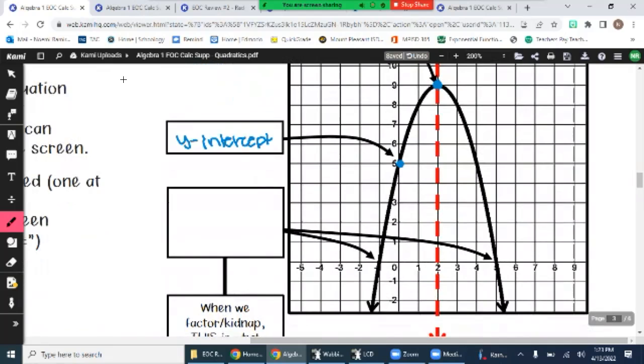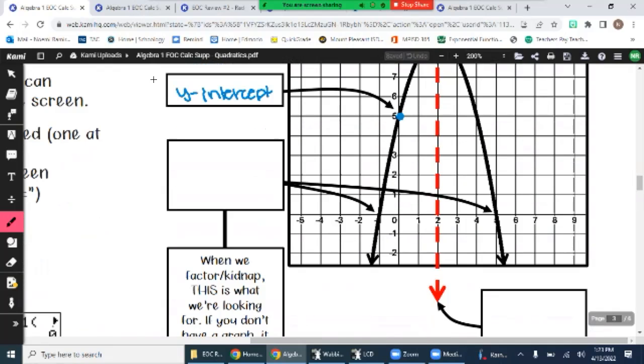Most of the time with quadratics, they will actually use the word y-intercept, so we're not going to write the other words. This one is the main part of quadratics. Both of these arrows are pointing to what? They're both pointing to your x-intercepts.